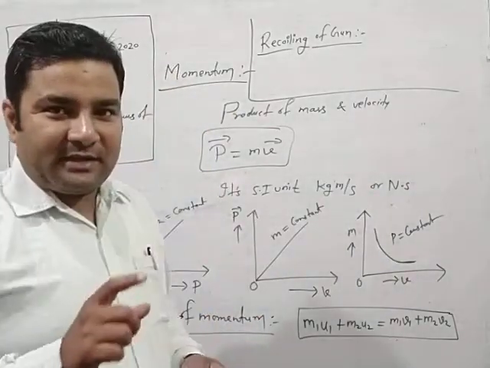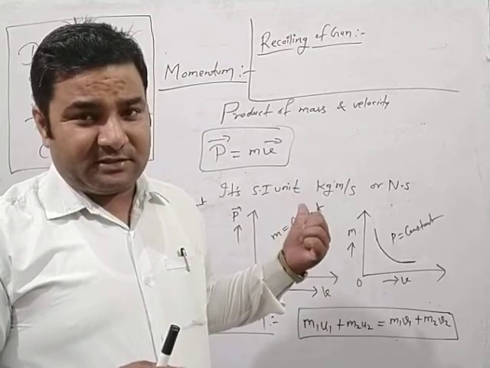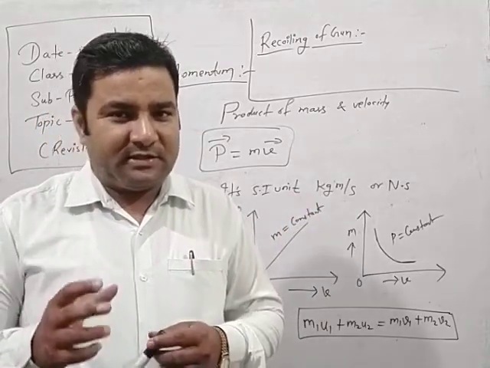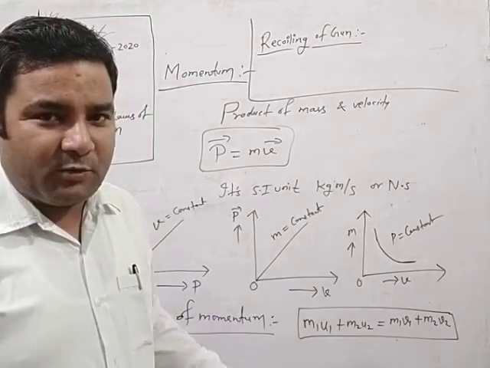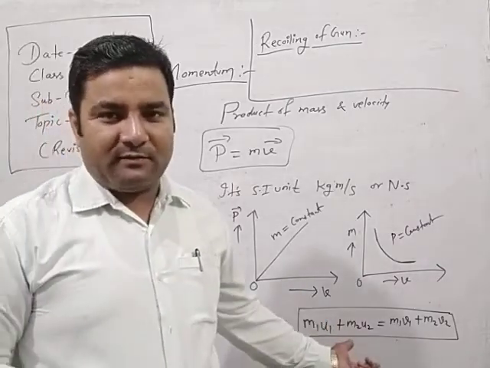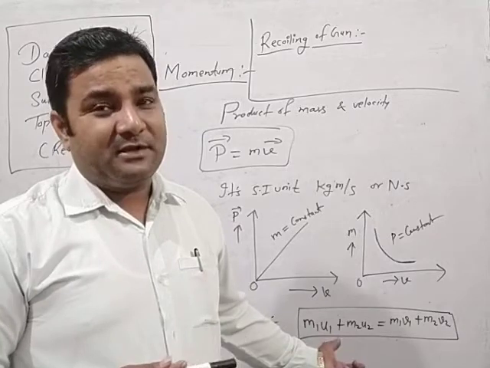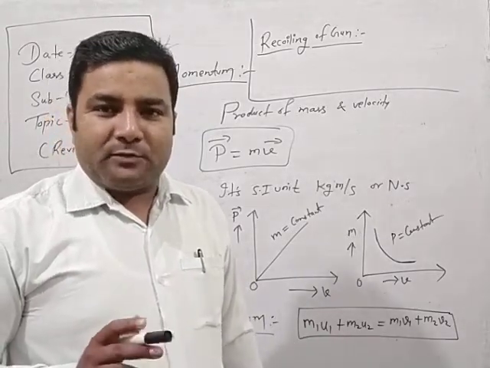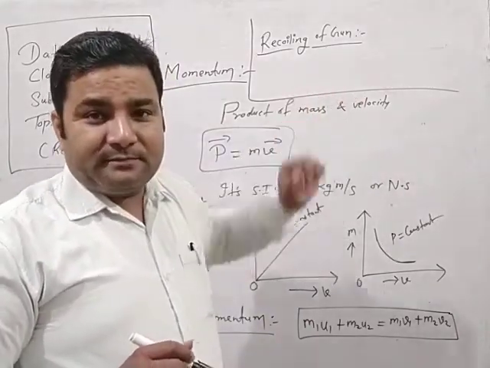About the derivation, I already explained all the terms. I am just revising the terms here, so you have to listen about the concept: what is the concept and what are the basic terms required here. In conservation of momentum, you have to use this formula for solving numericals and the derivation concept. If any confusion in the previous derivation lecture, then you can ask. Clear?